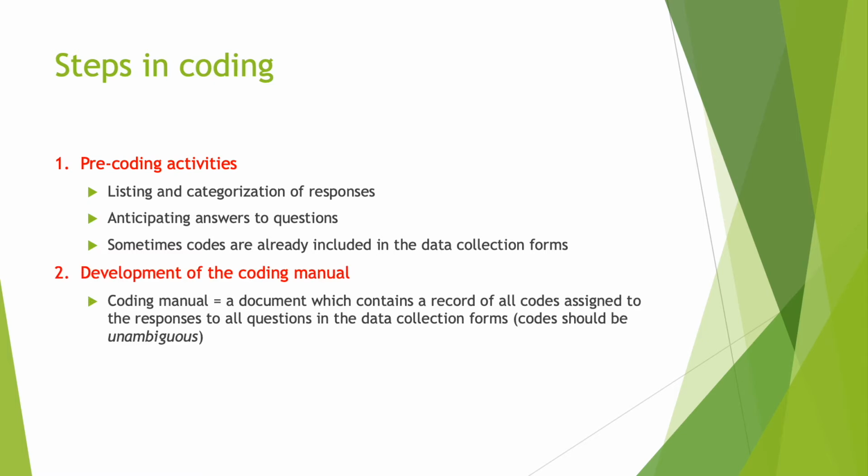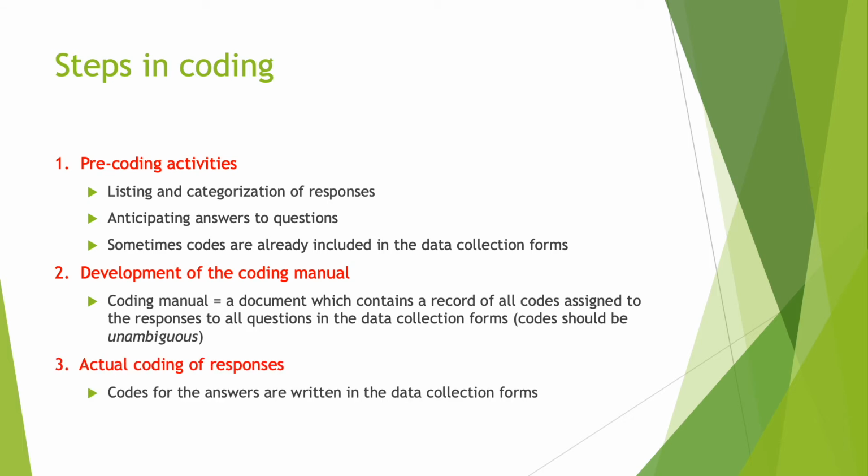Next, you'll need to develop what's called a coding manual, or a document which contains a record of all codes assigned to the responses to all questions recorded in the data collection forms. In other words, a coding manual provides instructions on how you are going to code the collected data. Of note, the codes to be used should be unambiguous. This is then followed by actual coding of responses. Now, these codes are written in the data collection forms.